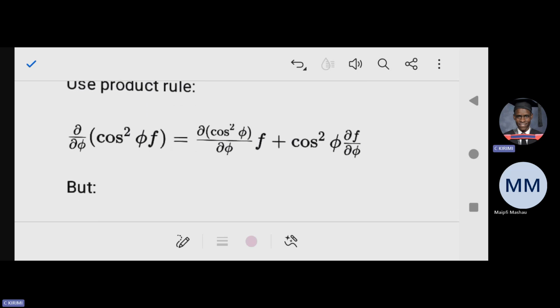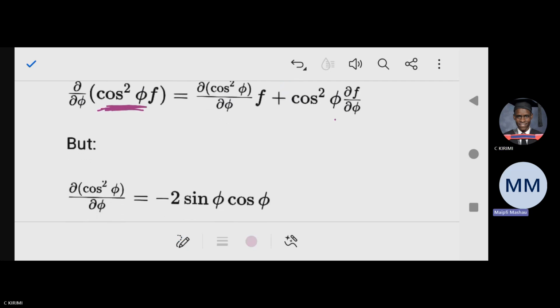You differentiate the first term, keeping f as a constant. Then you add the second part, where you keep the first constant and differentiate the second term. Product rule. If you know your maths very well, then you can understand that.